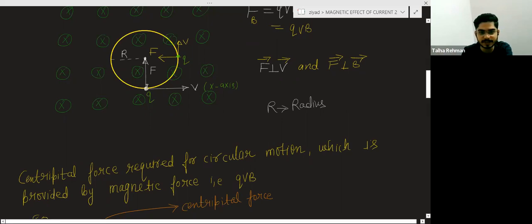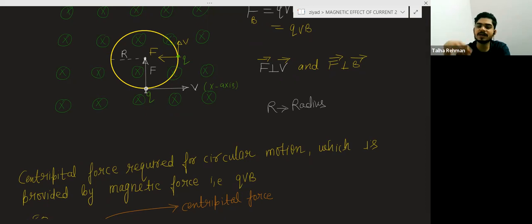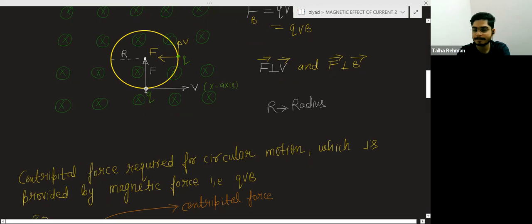Suppose the charged particle has started its motion from this point, moves like this, and finally reaches this point, which means it has completed one circle. So the time taken by the charged particle to complete one circle is known as the time period.